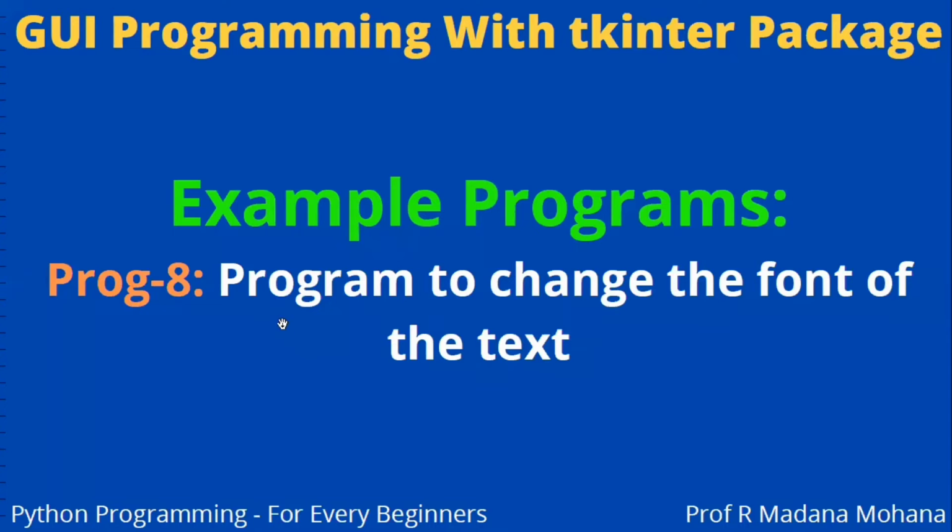The next program is if you want to change the font of the text. By default, along with the Python software, whatever font is selected, your text is displayed in that font. If you want to change the font of the text to our convenient, customized font, let us see.